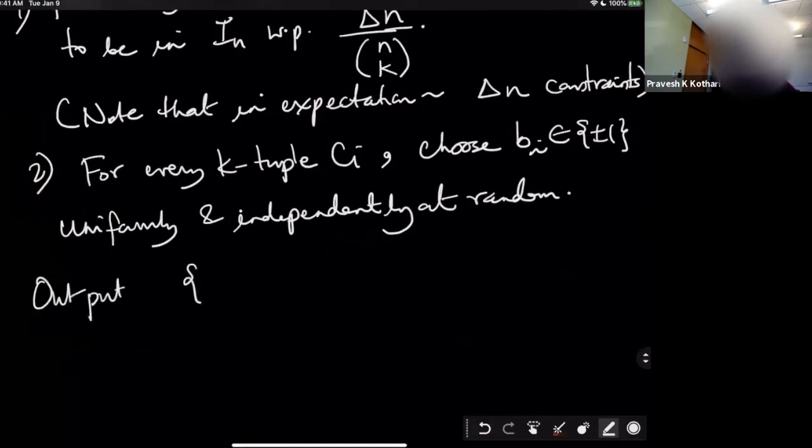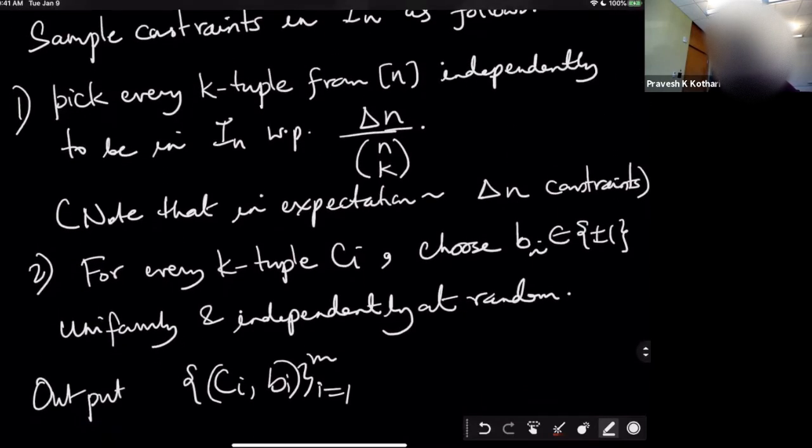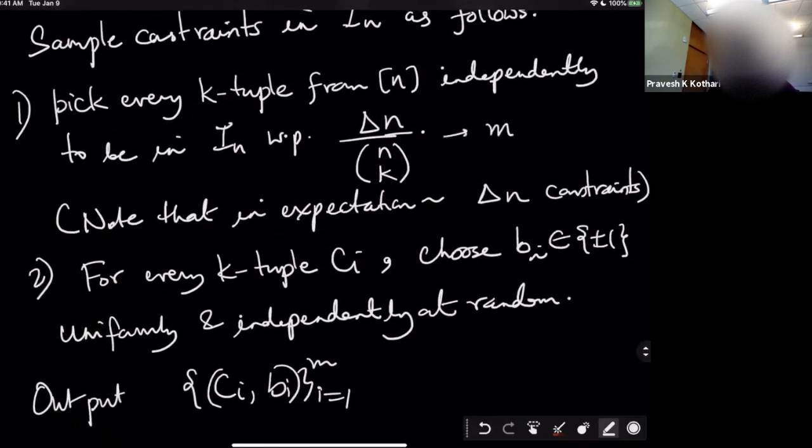Output this collection Ci cross Bi from 1 through M, where M is the number of k-tuples. Good, that's going to be my instance. I've completely described the instance to you.